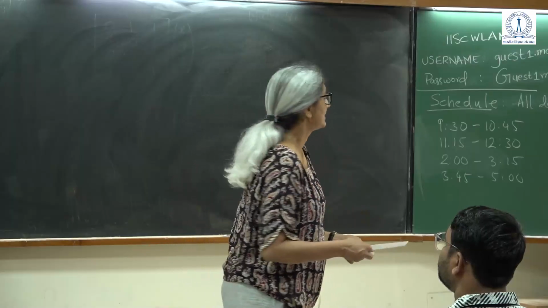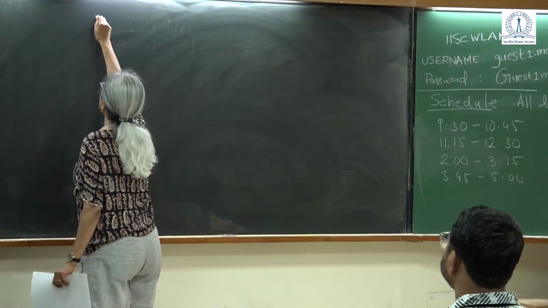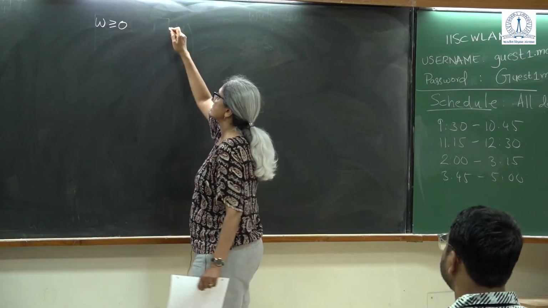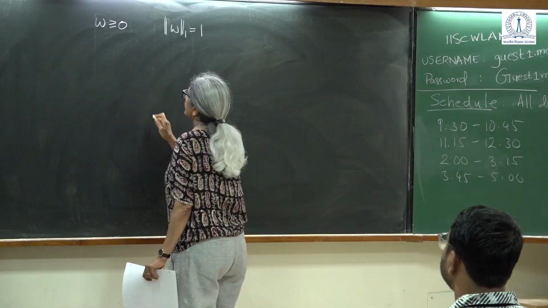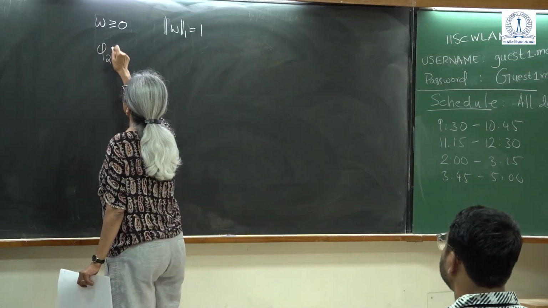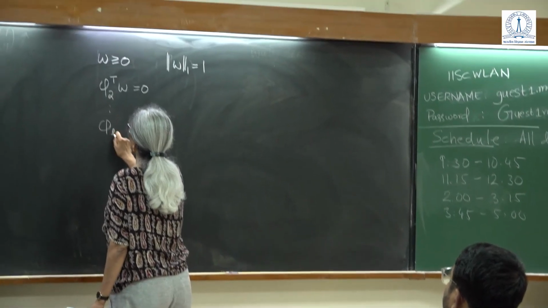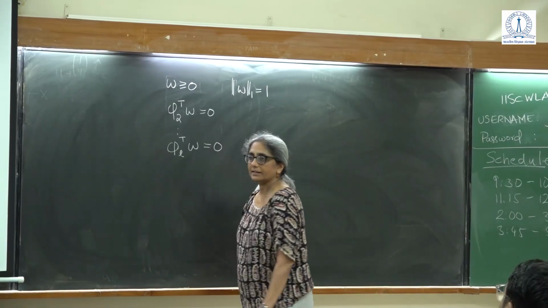We constructed the measure. The properties that the measure had was that it was some W, non-negative. It's a measure, so let's assume that its one norm is 1. And then it had the property that it made 0 inner product with the first L eigenvectors.